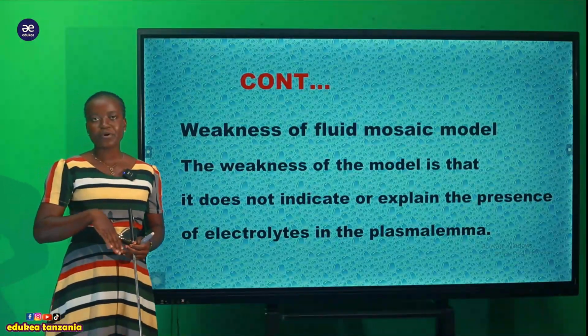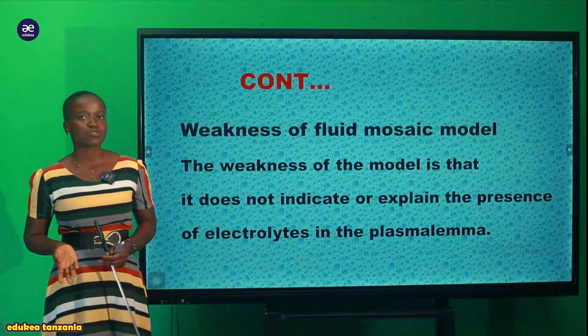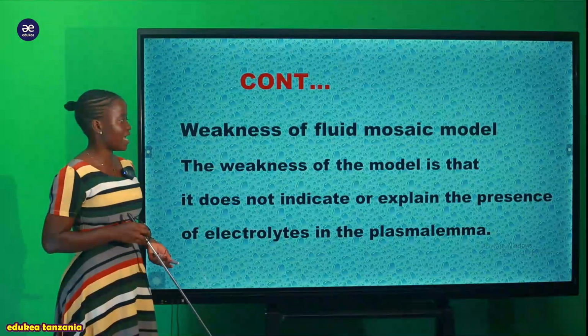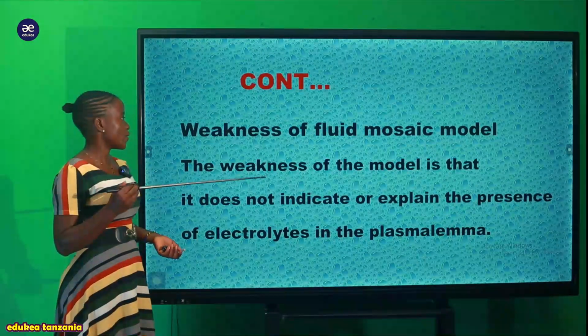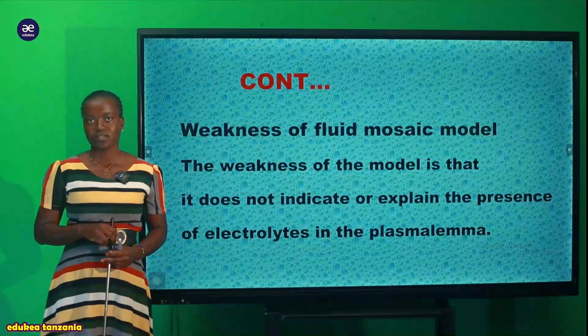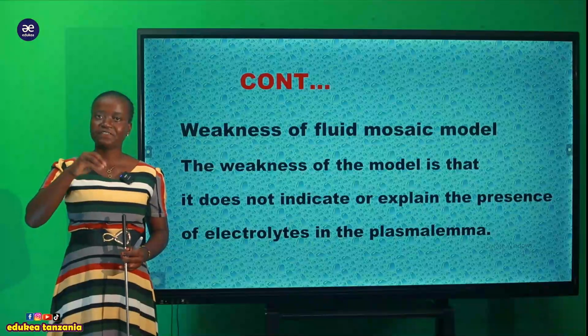So though waligundua vitu vingi sana, glycoproteins, glycolipids and so on, hawakuelezea kuhusu the presence of electrolytes in the plasma membrane. So within the plasma membrane also there must be electrolytes.